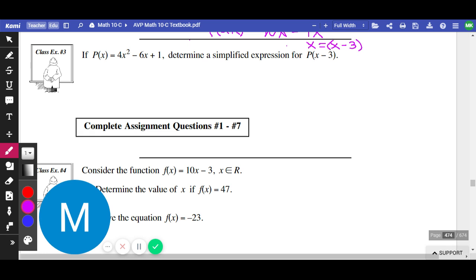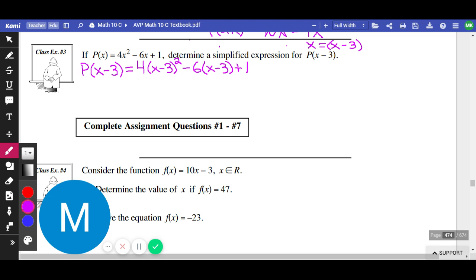So I go back to my equation, and I'm going to substitute x with x minus 3. It's going to be a lot. So I have p of x minus 3 equals 4(x minus 3) squared minus 6(x minus 3) plus 1.